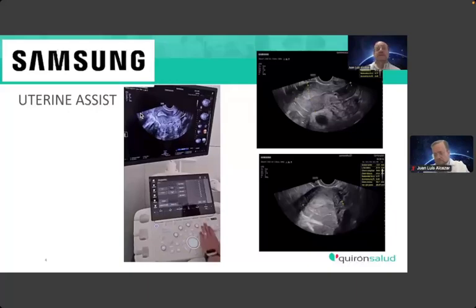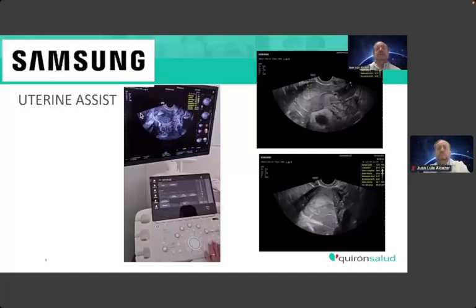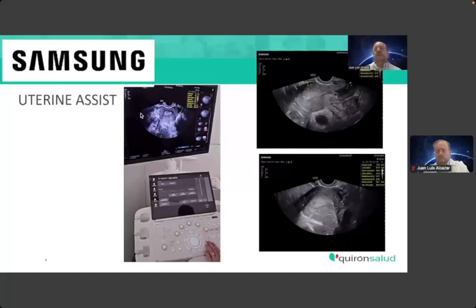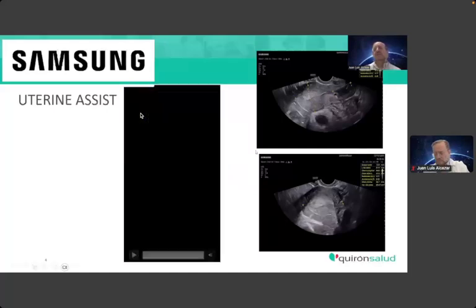As you can see in the video, just by touching the screen, you will get the automatic measurements of all these measurements. And it actually uses the MUSA protocol, as you can see here: the cervical length, uterine length, fundus length, endometrial thickness and height, myometrial height, and myometrial or uterine width. You can also observe the presence of asymmetry, and this is a quite interesting issue.